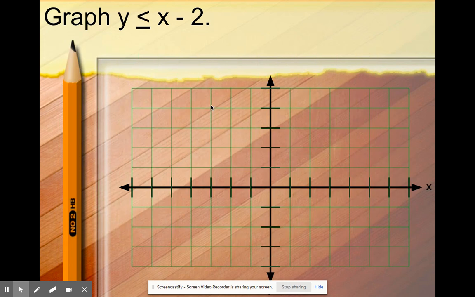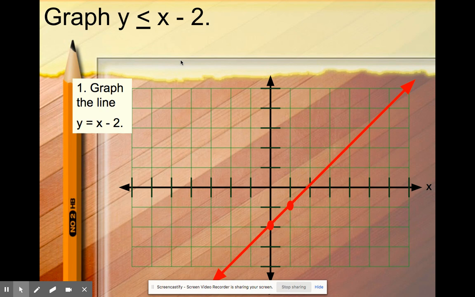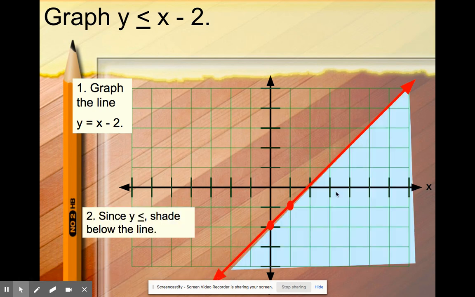Let's look at another example. y is less than or equal to x minus 2. Again, we can just make that y equals x minus 2, graph it, and then pay attention to the sign. So put a point at negative 2, up 1 over 1, and we get a line like this. It is a solid line again because we're looking at a less than or equal to. And because it's less than or equal to, we are going to shade everything below that line.